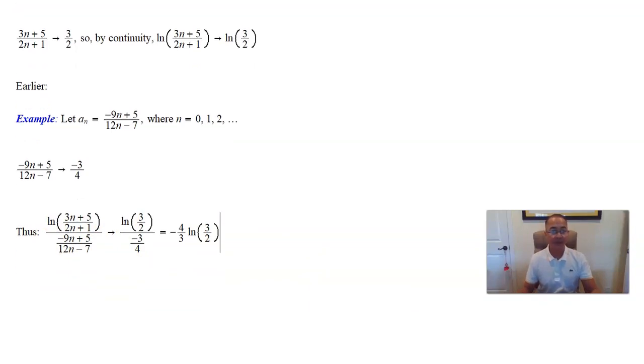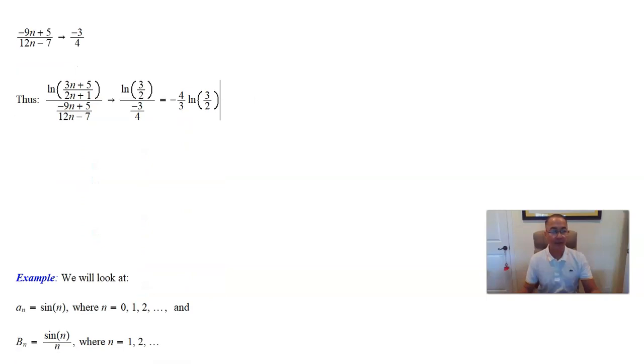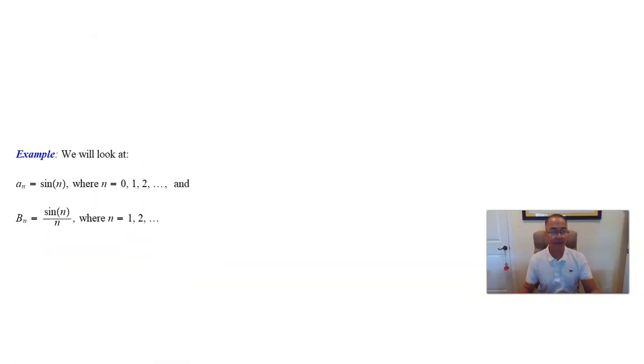Now, to end this video, we are going to look at two sequences which are related to each other. So we can start the first one, a sub n, and that should be lowercase. There we go. Sine of n. All right, so we know sine of x, right? This is sine of n.